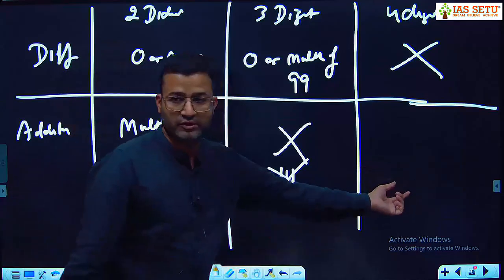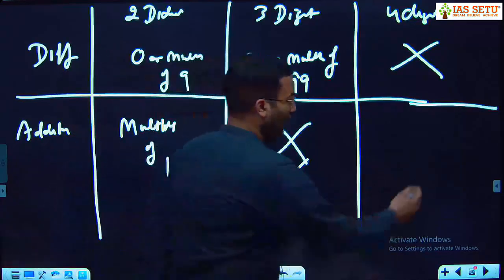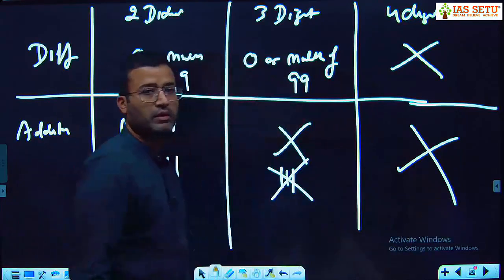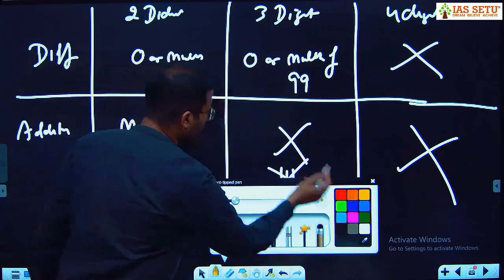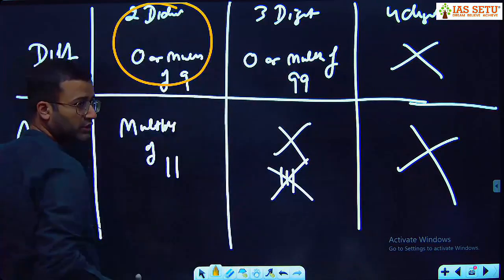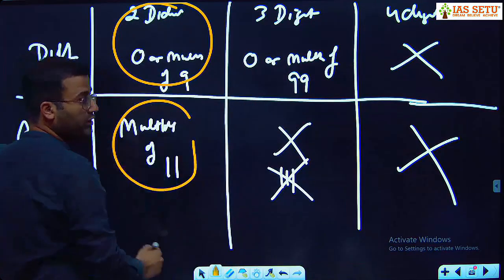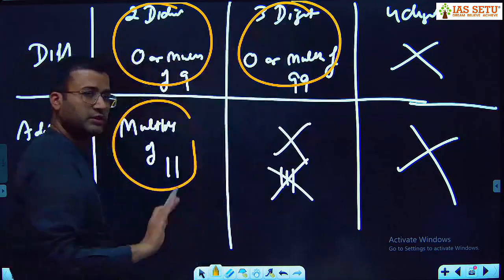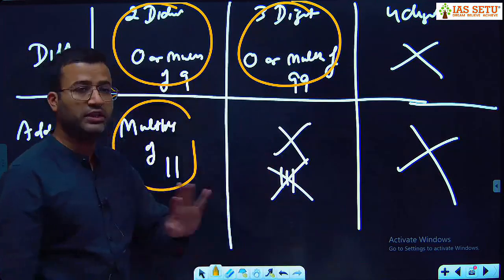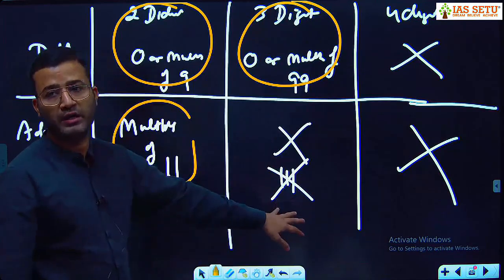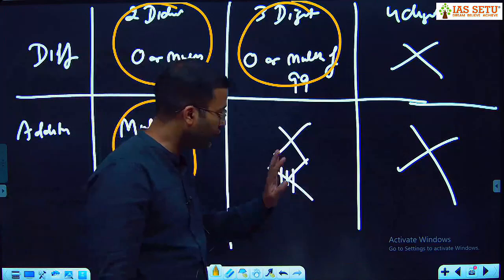Research is going on for this. We have observation for the difference of 2 digit, addition of 2 digit, and difference of 3 digit. That's it. There is no fixed rule of 111. We don't have it.